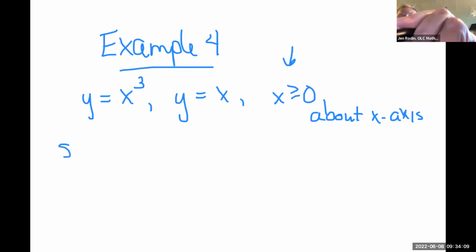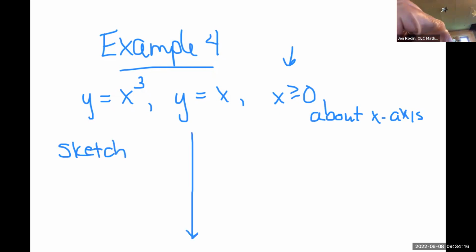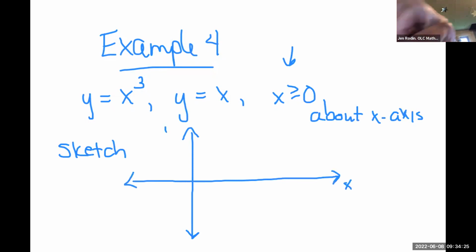So go ahead and sketch it, or use your graphing technology if you want. Take a little minute to try to sketch it and see what it would look like when you rotate it. And then we'll start setting up the integral. This one's a little harder. This is number 7 in your textbook in section 5.2.